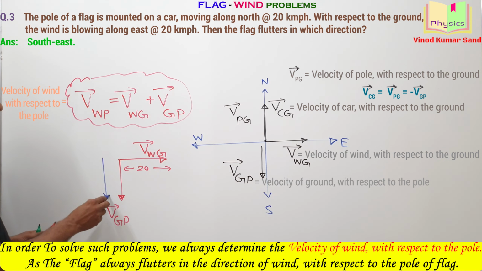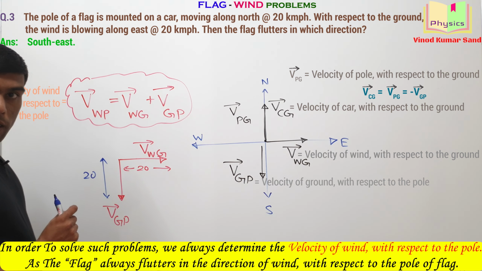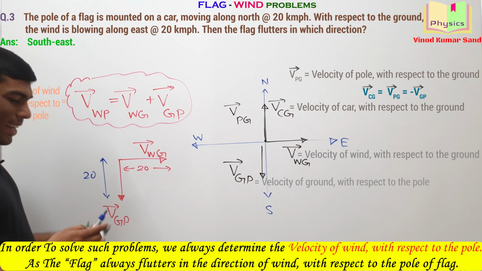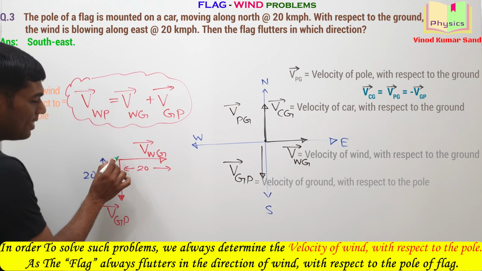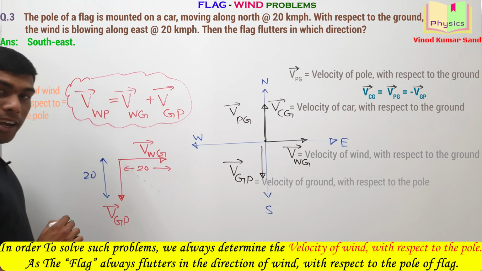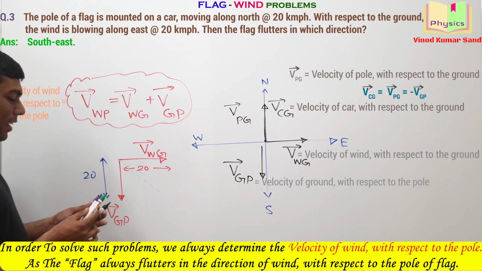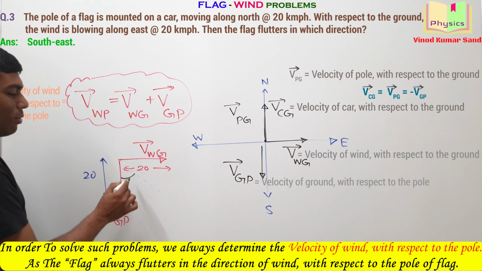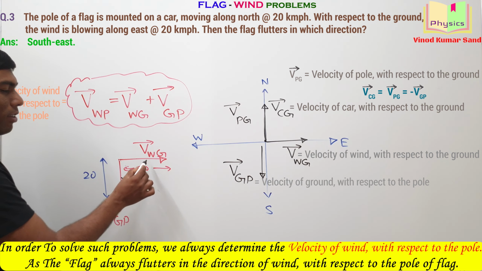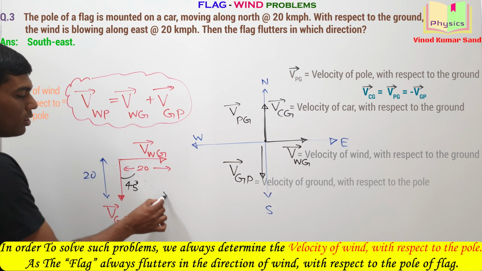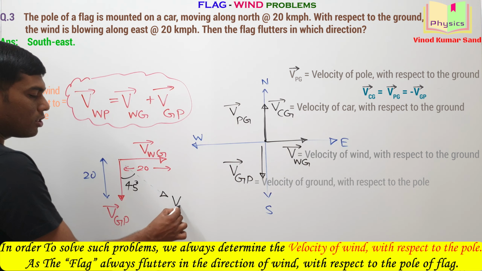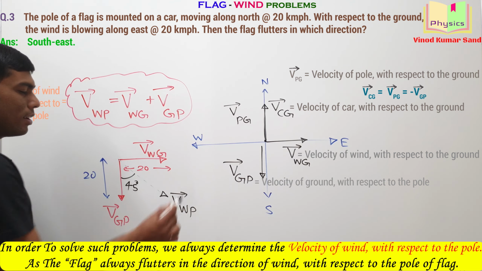This one is also 20. If two vectors have the equal magnitude, where is their resultant? Correct. The resultant is at their angle bisector, and the angle between these two vectors is 90 degrees. So their angle bisector will be making an angle of 45 degrees like this. So this is the direction of the velocity of the wind with respect to the pole.